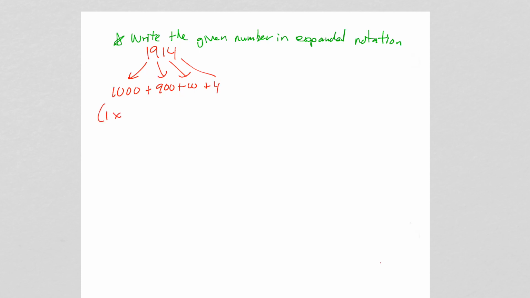So this is really 1 times 1,000. This is 9 times 100. This is 1 times 10 and 4 times 1.